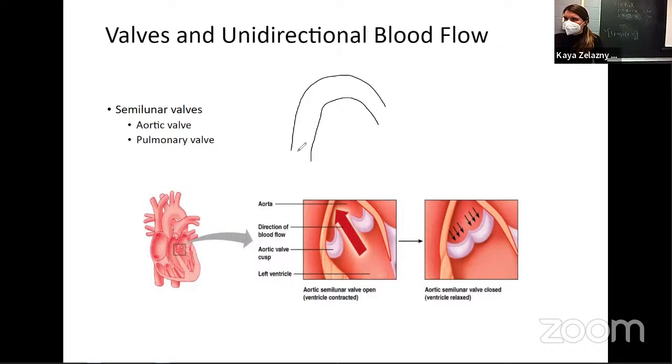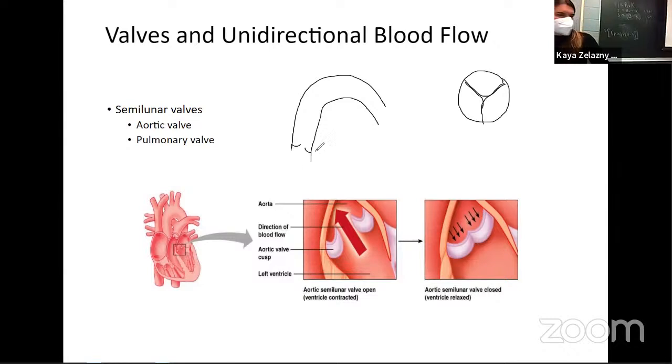Our semilunar valves are like little cups in the wall. Okay. And if we were to look down on them from above, they're going to look kind of like this, like little leaflets closing over. You can see how they form this kind of bag-like structure.